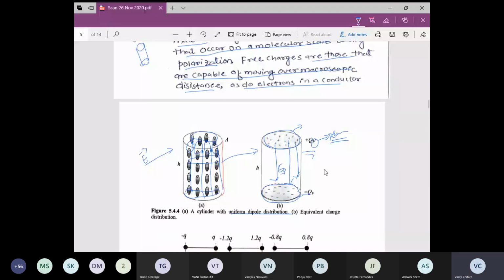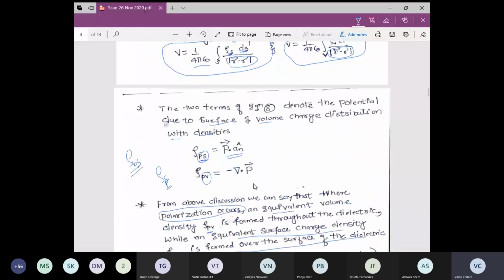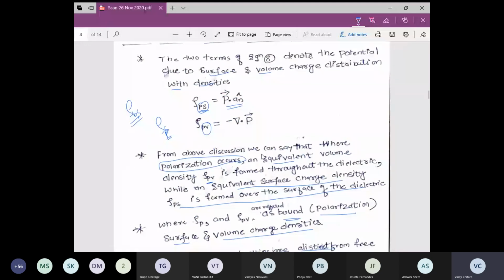If inside a material there is a uniform dipole distribution, then you don't have these volume charge densities. That's what we say in this statement: polarization occurs, an equivalent volume charge density is formed throughout the dielectric, and an equivalent surface charge density is formed.